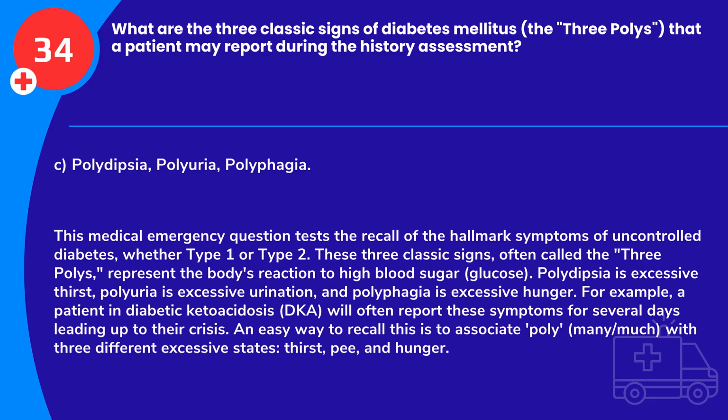Polydipsia is excessive thirst, polyuria is excessive urination, and polyphagia is excessive hunger. For example, a patient in diabetic ketoacidosis, DKA, will often report these symptoms for several days leading up to their crisis. An easy way to recall this is to associate poly, many or much, with 3 different excessive states: thirst, pee, and hunger.